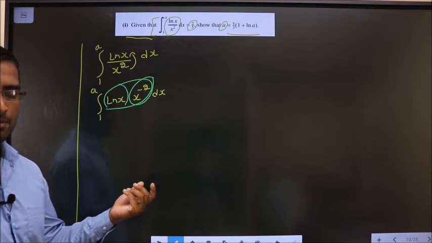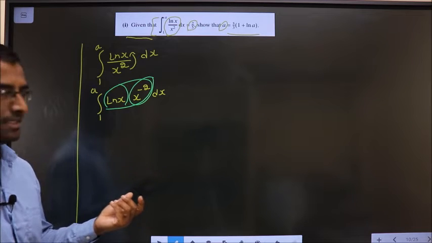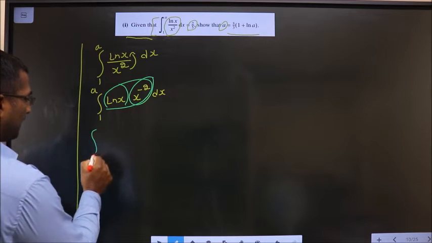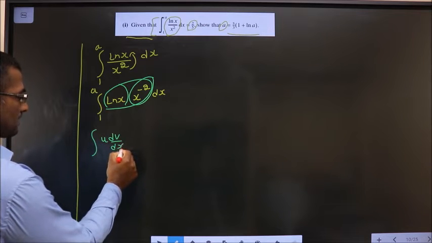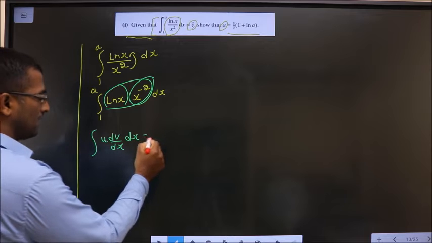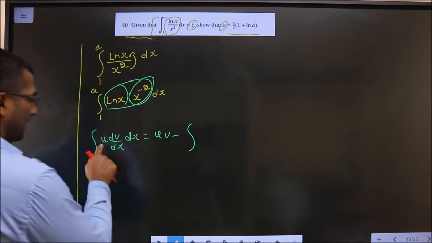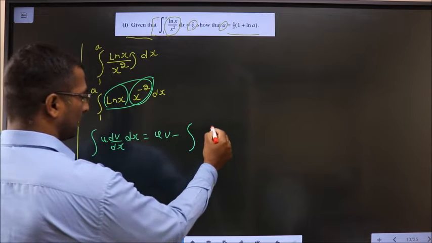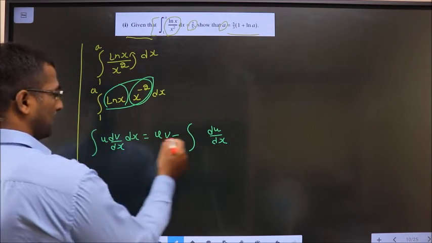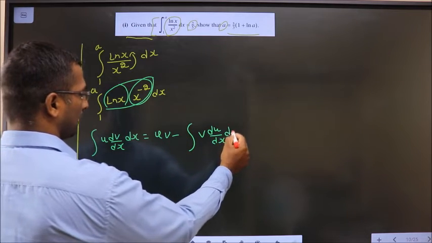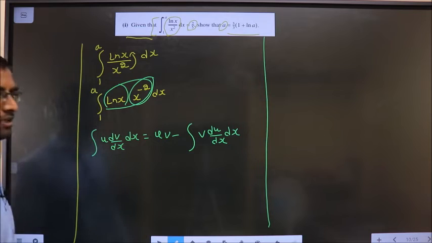Integrating a product means integration by parts, and the by parts formula is integration of u dv by dx is equal to uv minus integration of v du by dx dx. This is a formula.